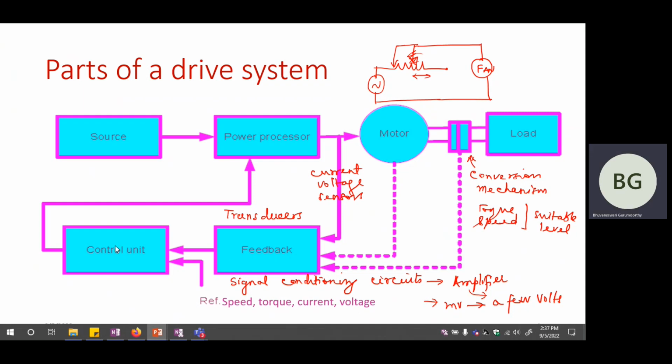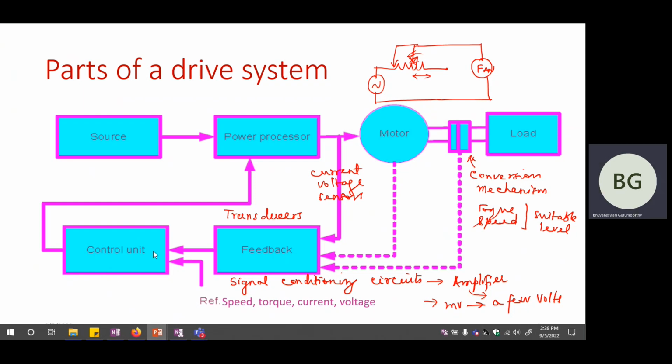And this error signal, which is the difference between the reference and actual values, will decide whether the actual voltage applied to the motor needs to be increased or decreased. That will be decided by the control unit. So the control algorithm should be sitting inside this control unit.